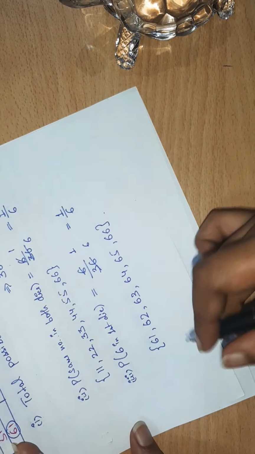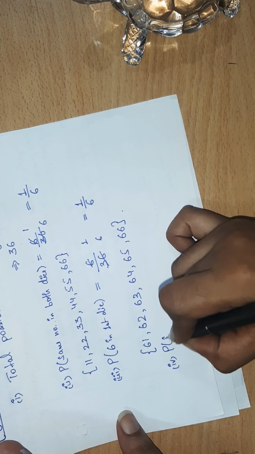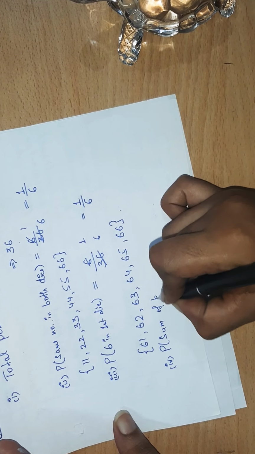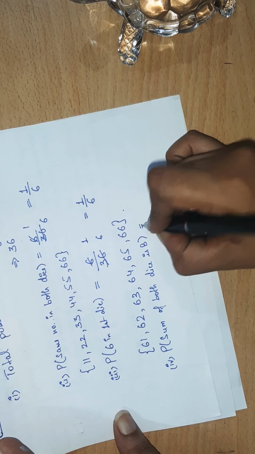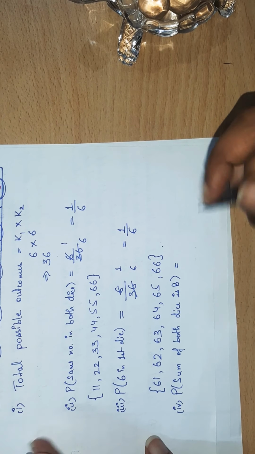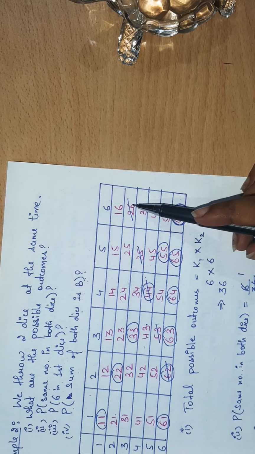Okay, let's write here: the probability of getting the sum of both dice as 8 is equal to, as we have seen, we have 1, 2, 3, 4, 5 total possible outcomes.